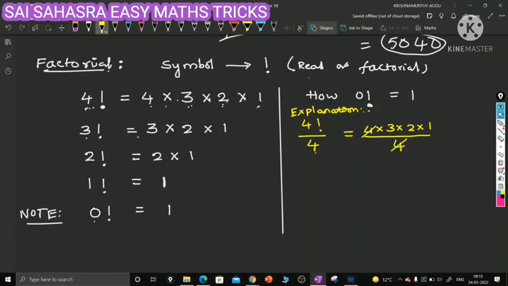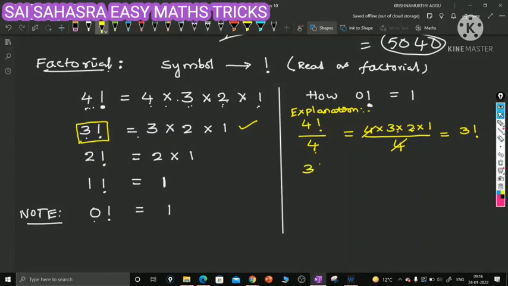This 4 gets cancelled, leaving 3 into 2 into 1. How can we write 3 into 2 into 1? It is the same as 3 factorial only, no? So I can write that as 3 factorial.